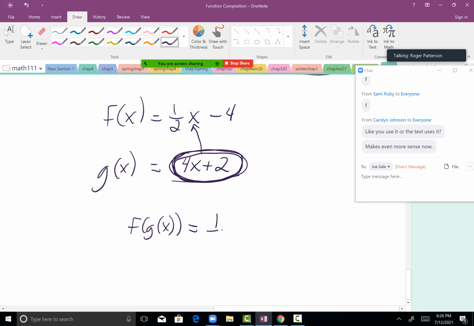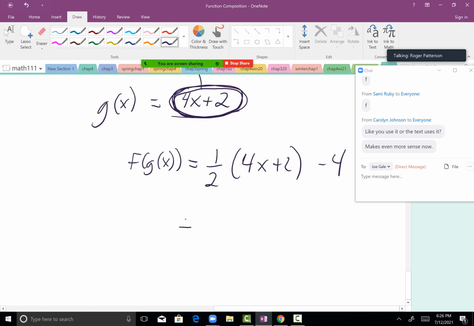So then I'm going to get 1/2 times 4x plus 2 minus 4. And then I simplify this. Now, you always want to try to simplify it. There might be a time where it doesn't work out to do that, but in here it does. So we're just going to distribute this. Okay, I get this, and then there's my answer.